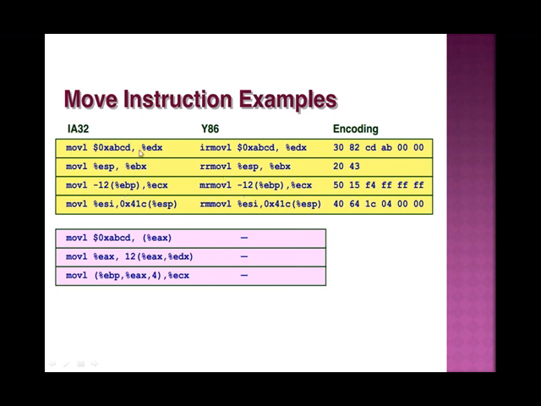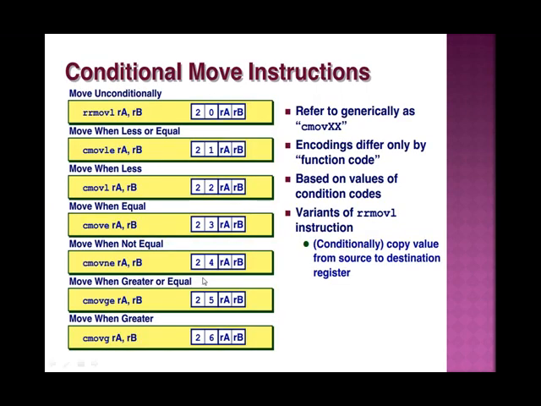Exactly the same, but the main difference is using the extended part or the prefix, that is movl, irmovl, movl, rrmovl, movl, mrmovl. This is used for moving the register to the register, this is used for moving the register to the memory, this is used for moving the memory or the variable to the register.